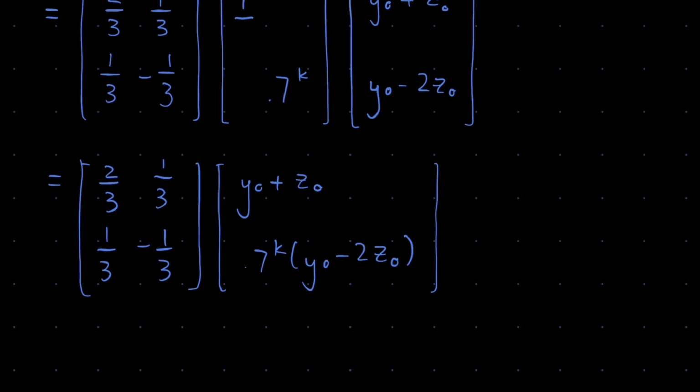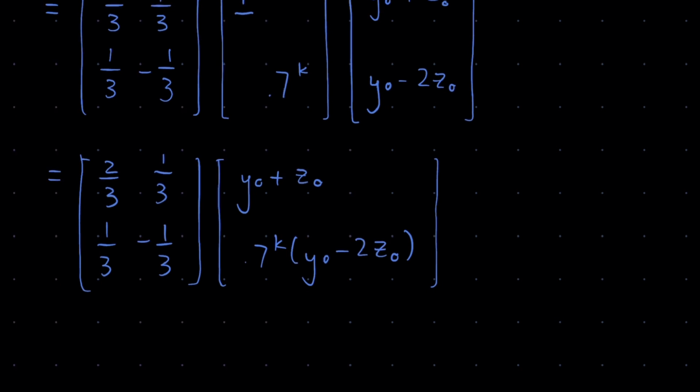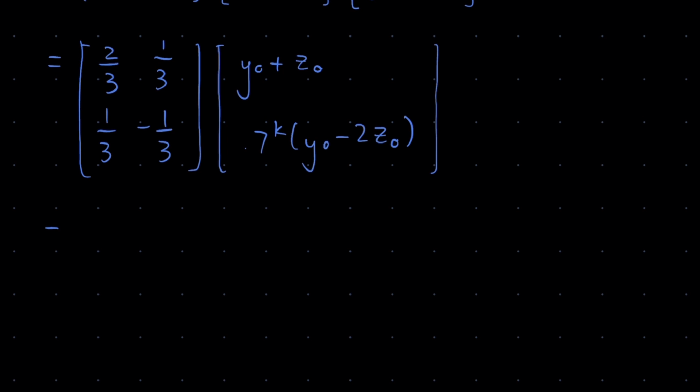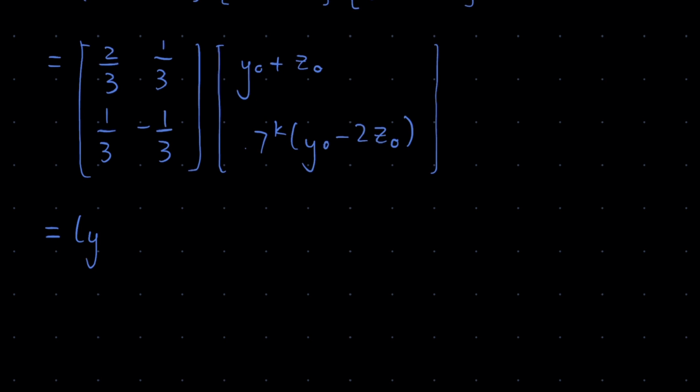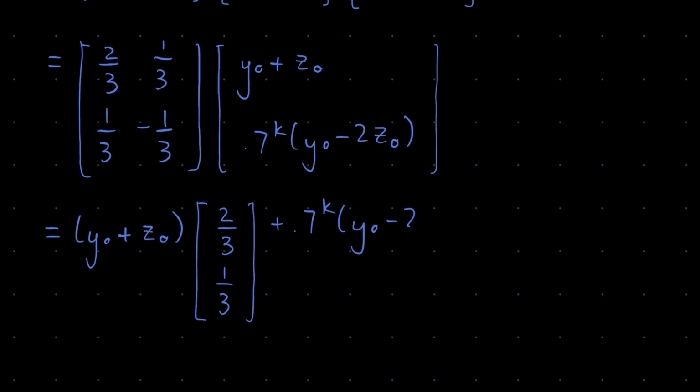But because anything multiplied by 1 is itself, we omit the 1. Alright, so next, let's multiply these together, which gives us y naught z naught, 2 over 3, 1 over 3, and then we add this expression. Fantastic. Now we have a much more beautiful equation to consider.